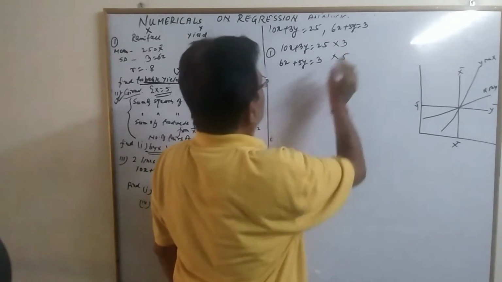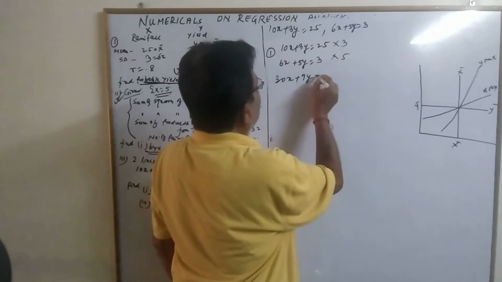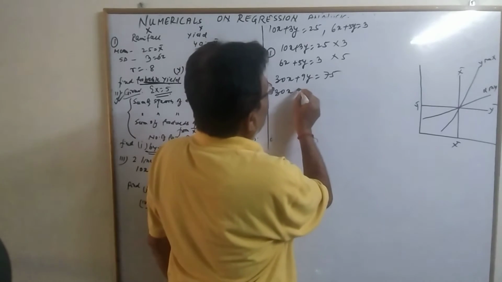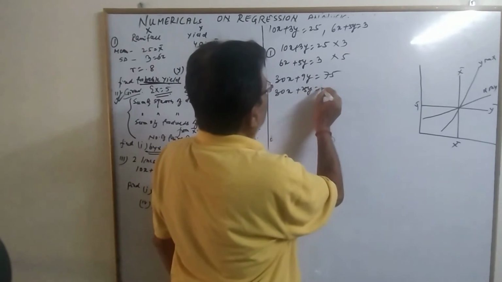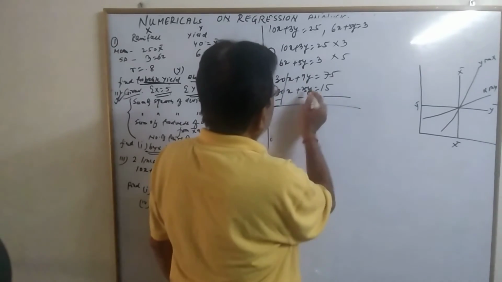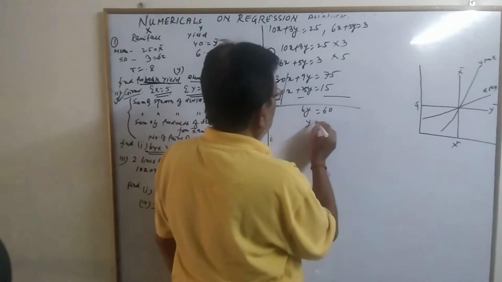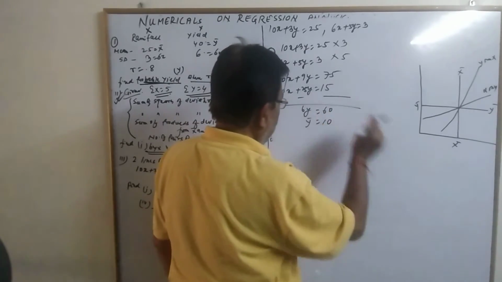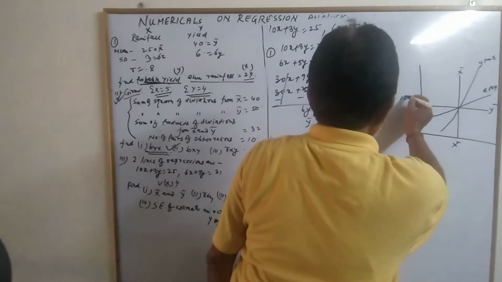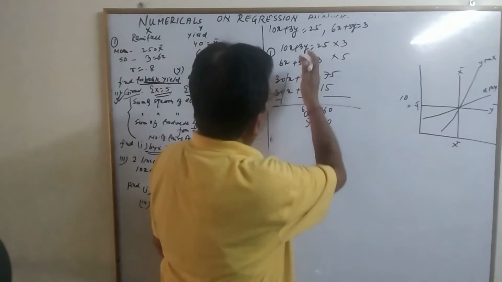If it is multiplied by 5, so 30x plus 9y is 75, and 30x plus 25y is 15, 6y is 60, y is 10, that is y bar. We have got the value of y bar 10, and this value has to be substituted in either equation.